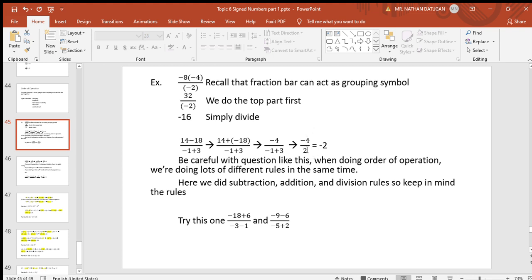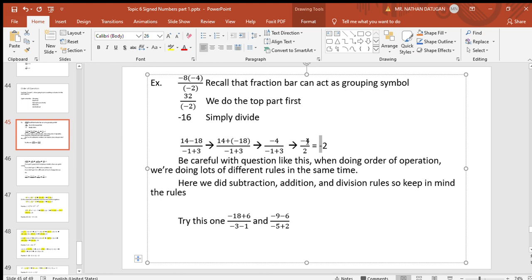So negative 4 divided by 2, now we're dividing different signs in division. Your answer will be negative. And then we're just going to divide normally. 4 divided by 2 is 2.